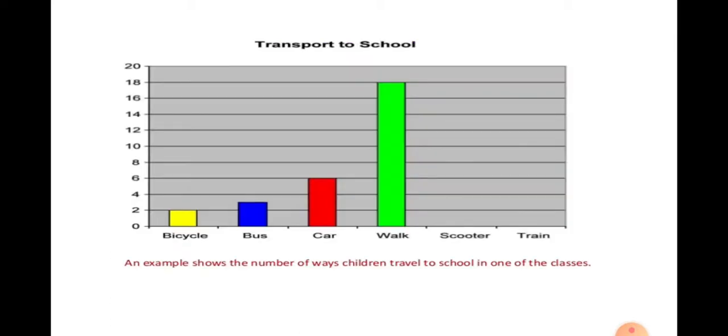This is an example of the modes of transport used to reach school by the students. Two students are going by bicycle, 3 are by bus, 6 are by car, and 18 students are going to school by walking.